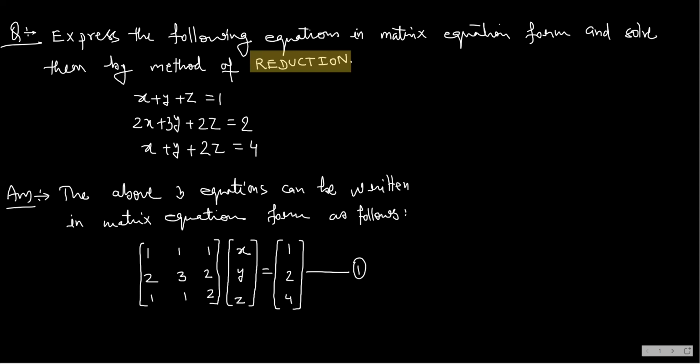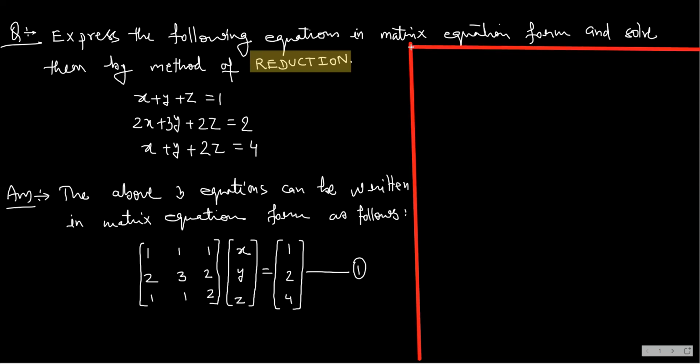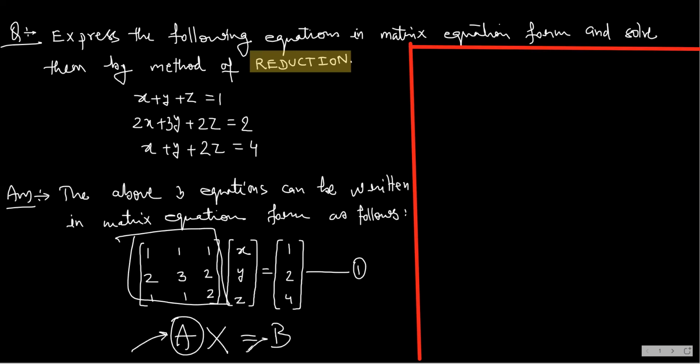Now we move ahead. I write the above matrix equation in the form AX equals B. Remember, even in the adjoint method, the matrix equation we had written was in the form AX equals B. There you found the inverse of A, that is, the inverse of this matrix, and then you pre-multiplied and solved.